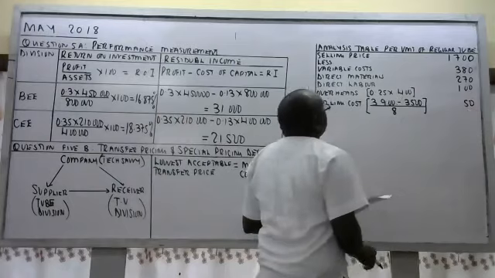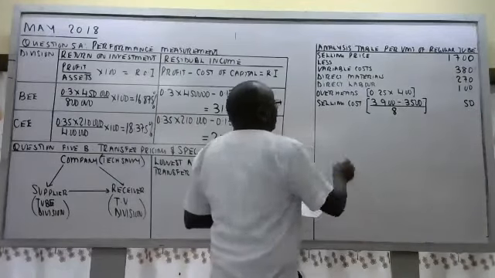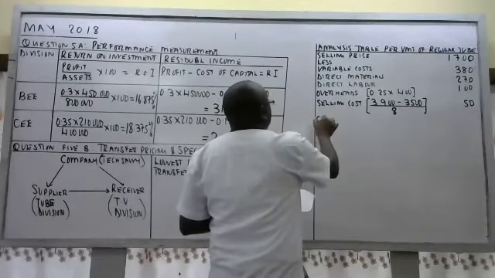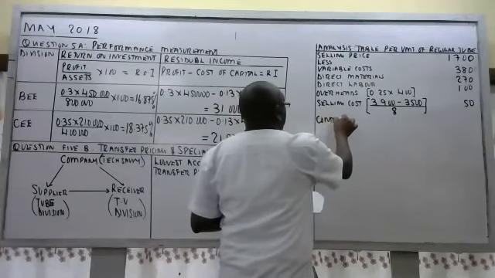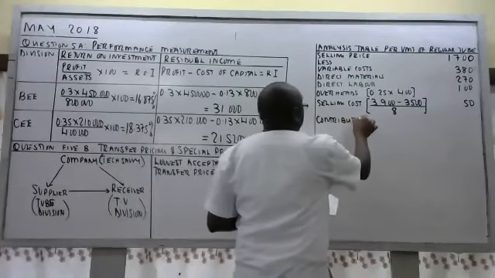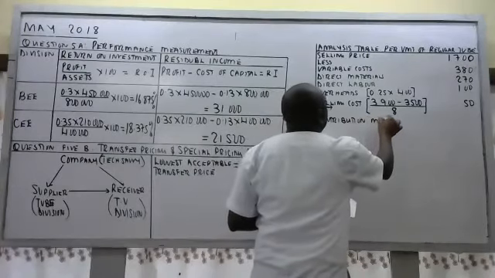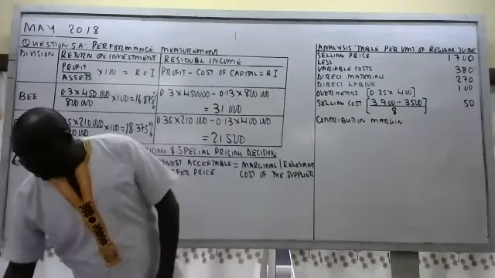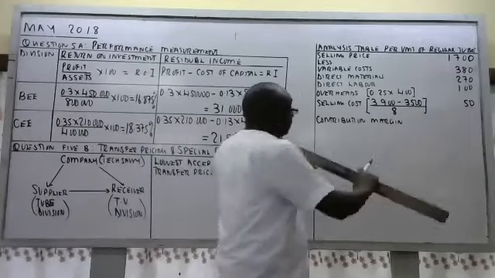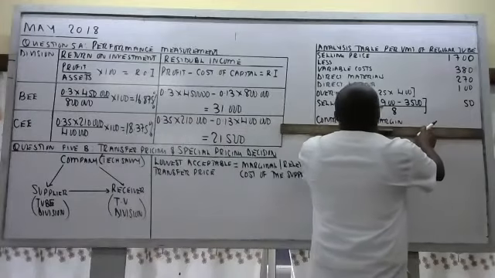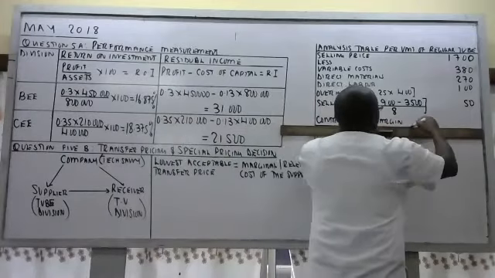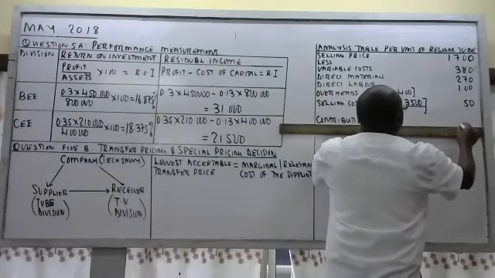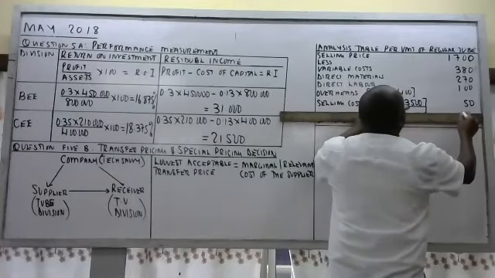So if that is what you have, then you get a figure called contribution margin.